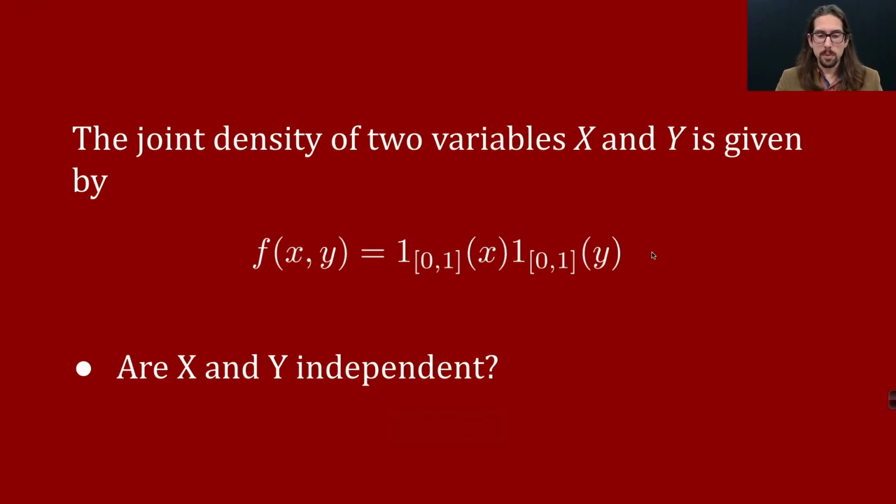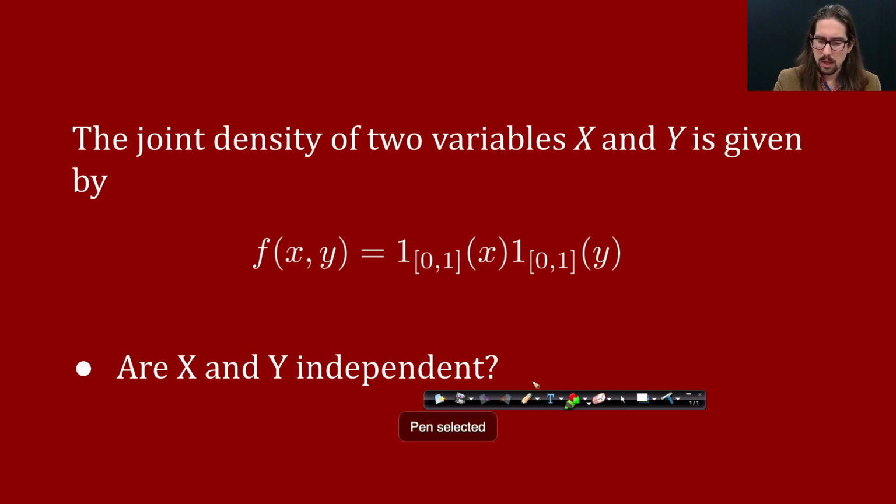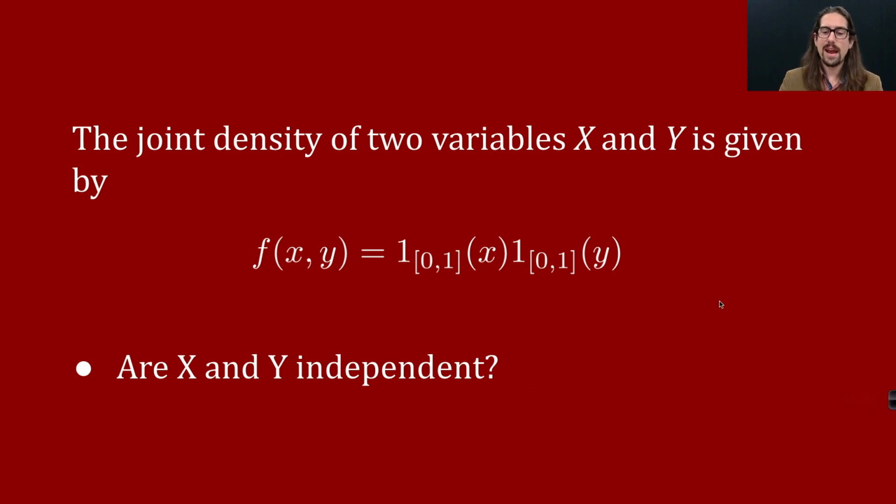Okay, so another problem. This one's a little more complicated because we're dealing with densities and formulas, so you may be a little less comfortable notationally, but I'm just trying to give a look into this sort of thing. So let's say I have this joint density, and the question is, are x and y independent?